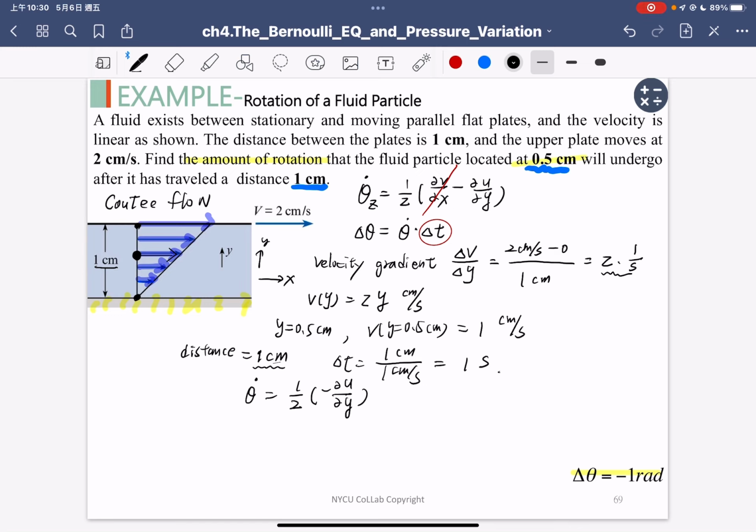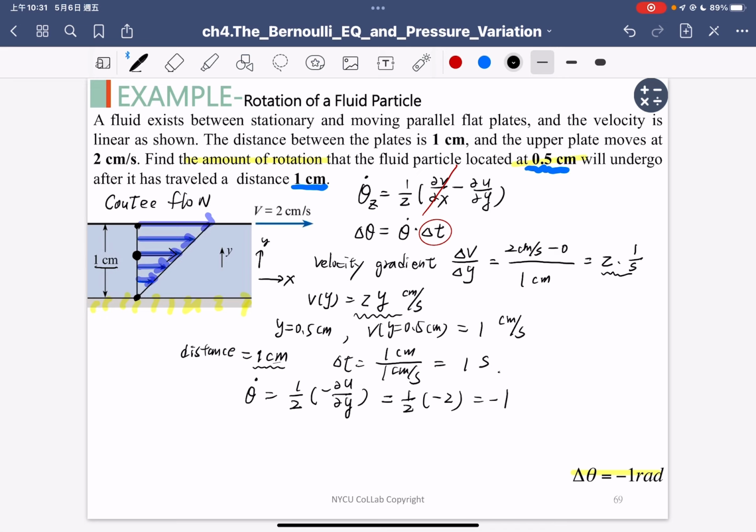You can see the u function is here. This is our velocity function. So the theta rate will be equal to the differential with y. So it's 2 over 1, and there is the minus 2.